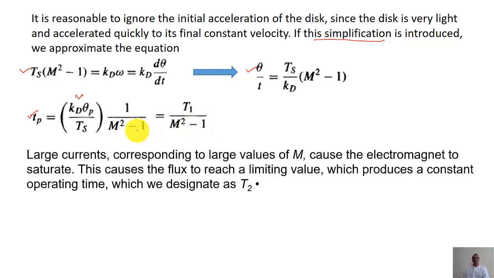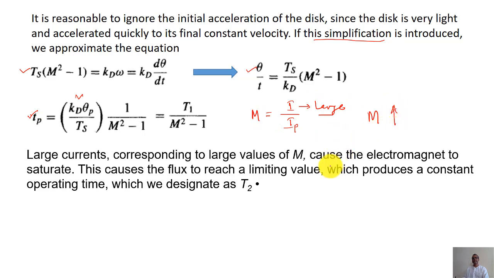Okay, so when there is a large current, corresponding to a large value of m, what will happen to m? M will be equal to I by Ip, right? So when this current is very large, then obviously m will drastically increase.